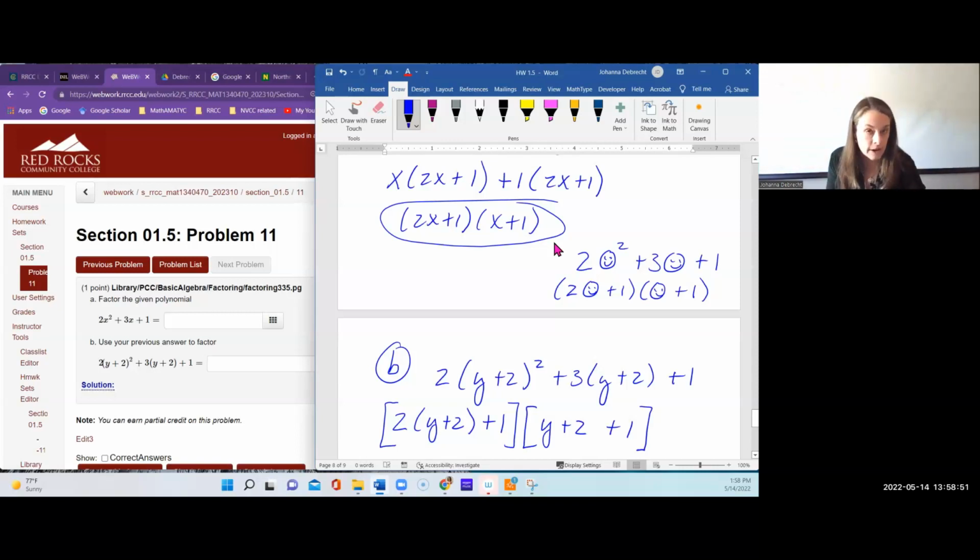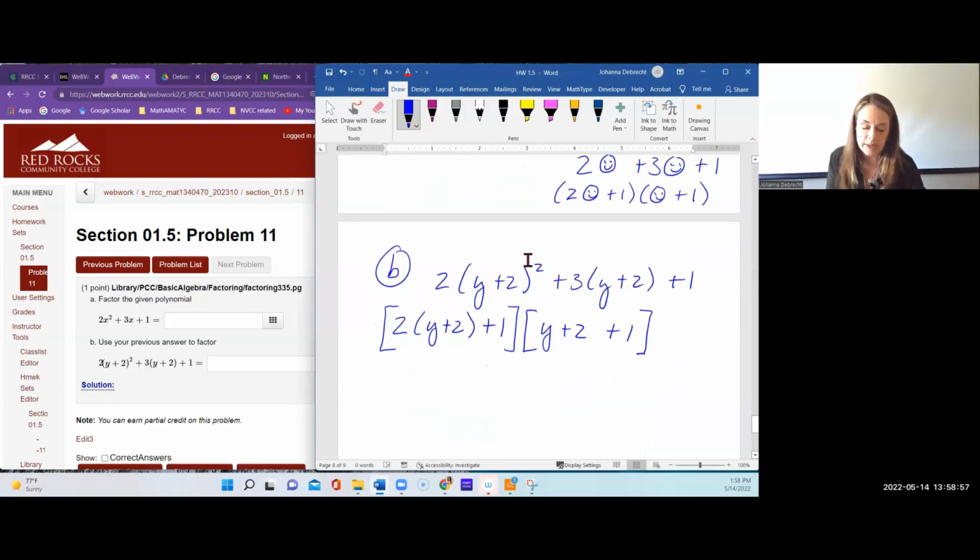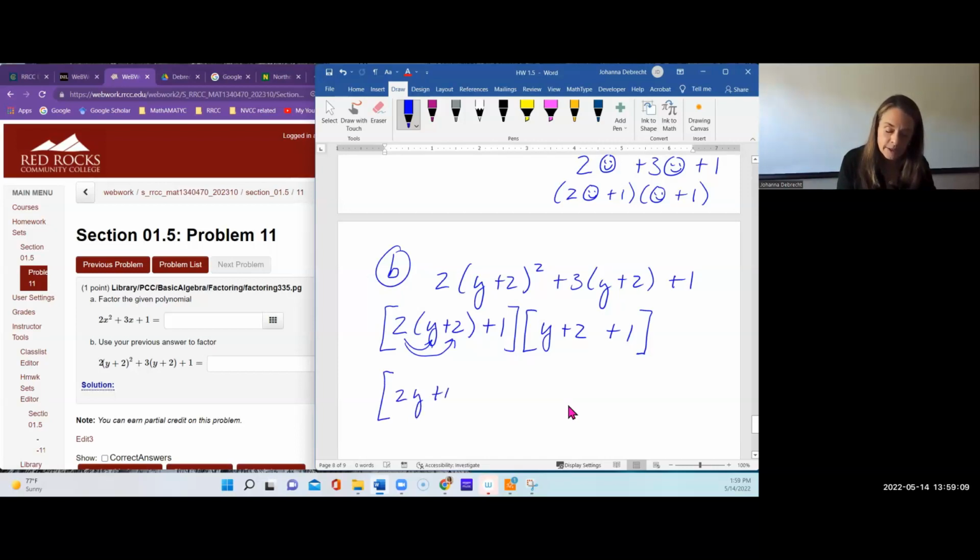Now, what could I do in order to simplify this? WebWork will probably take this answer if you type it in. But I could simplify it by distributing the 2 over the parentheses, y plus 2. That would give me inside square brackets 2y plus 4 with the plus 1 tagging along from here.